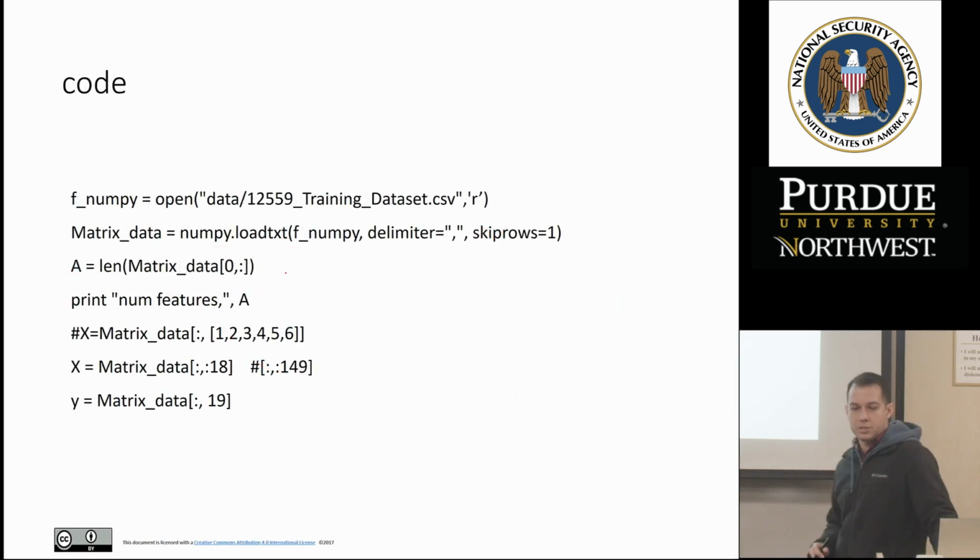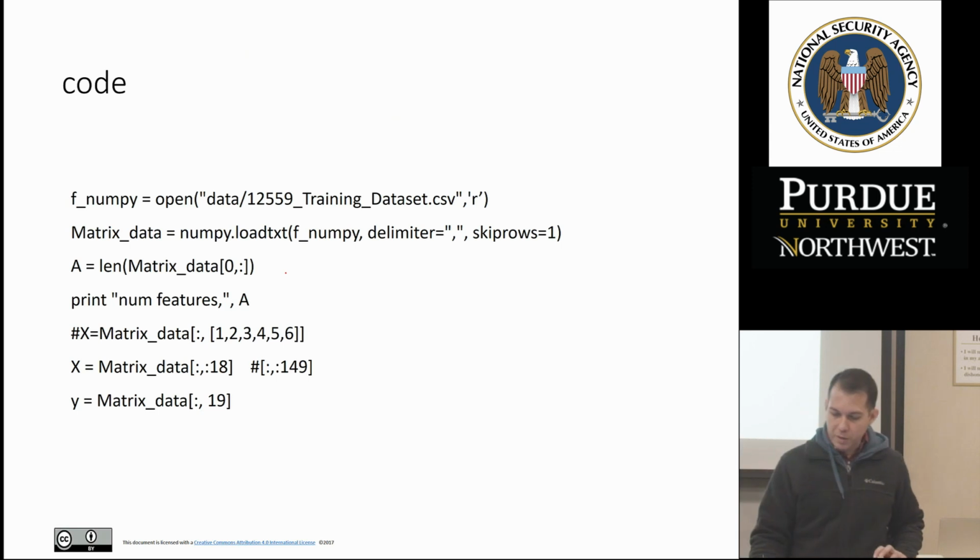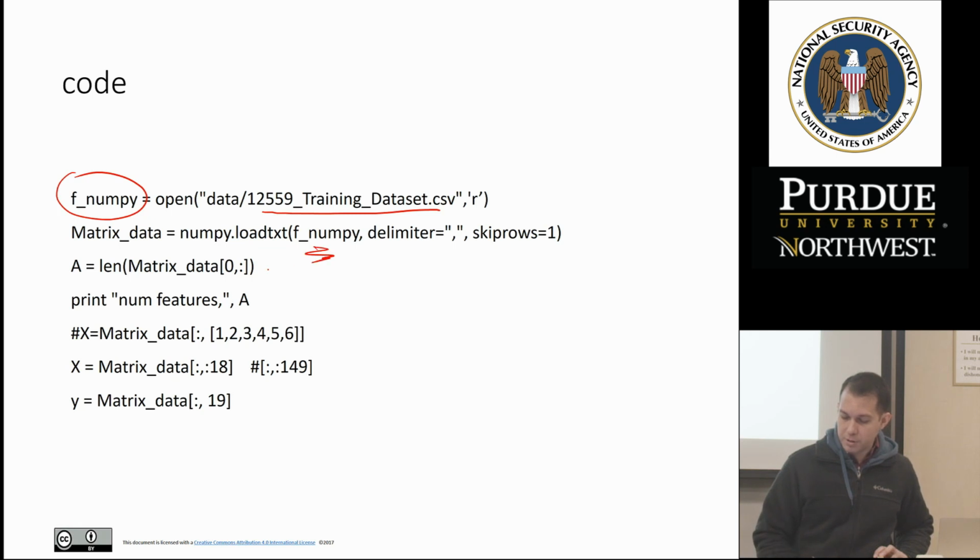So here's the code for it. For instance, we read a data set, a .csv file. We create a reader basically. We read the file. Then we do NumPy load text using the file descriptor.